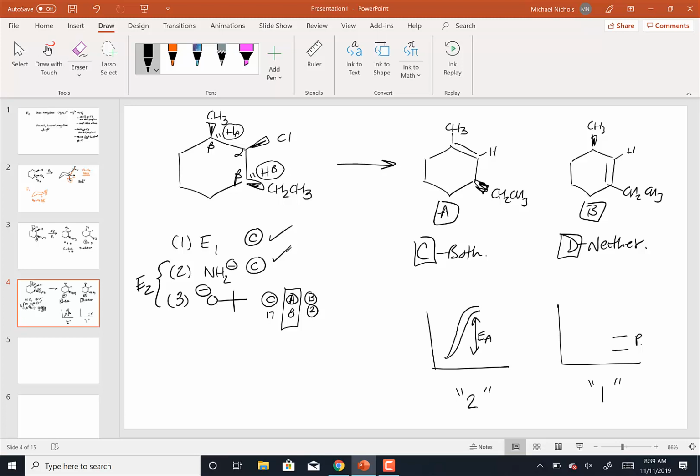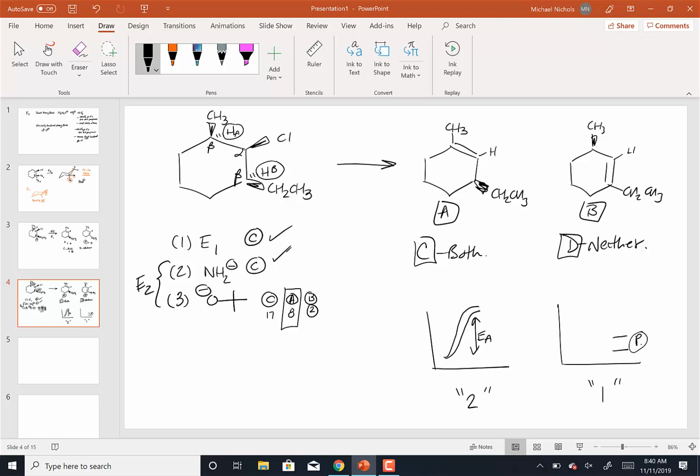It gets a little dicey here on how to completely go through the thermodynamics, but in this case, it's based on the stability of the products. Any questions about any of the SN1, SN2, E1, E2?